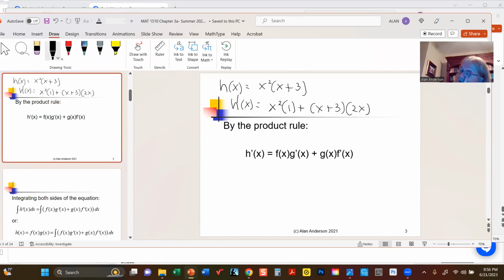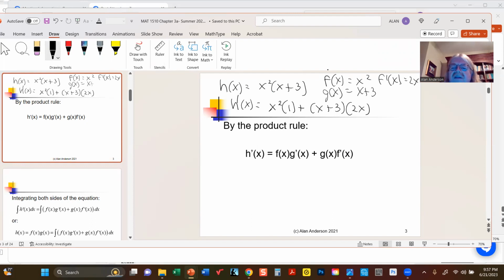So that means f of x is x squared. f prime of x is 2x. g of x would be x plus 3.